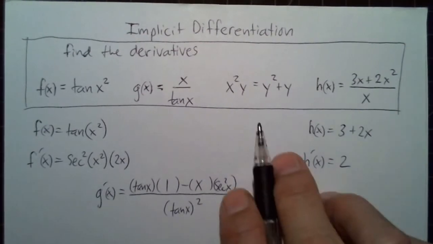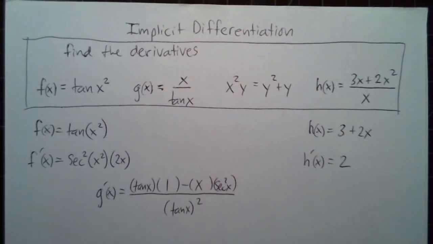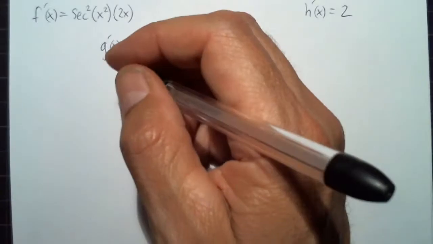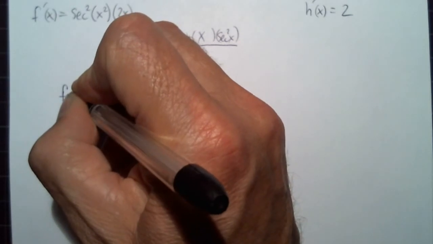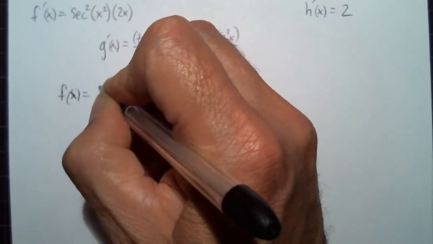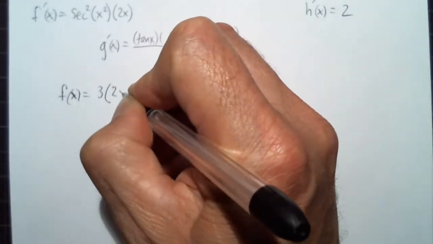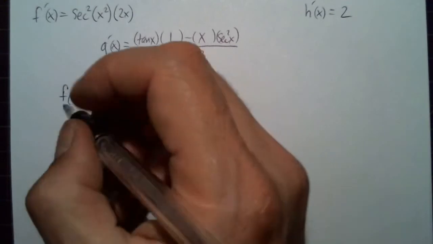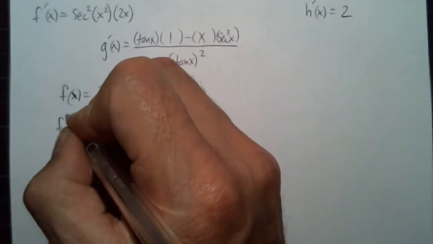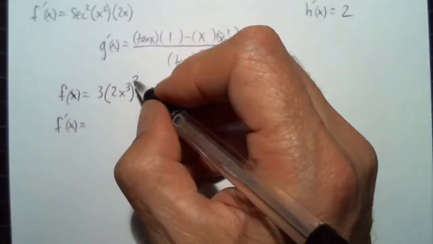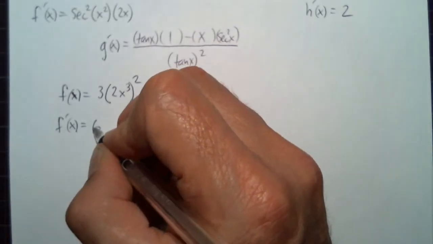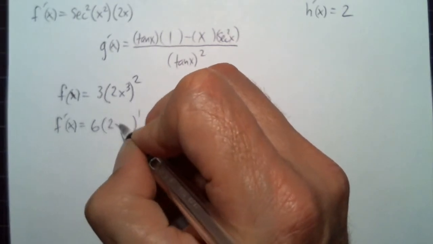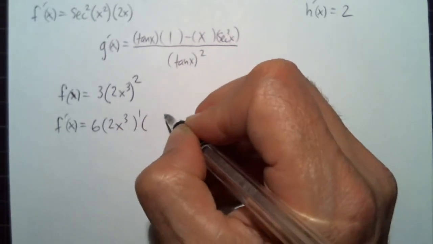All right, let's look at how we find the derivative of that. Let's start with an example, and we will review the chain rule. So if we wanted to find the derivative, we would do the derivative of the outside, 2 times the inside to the 2 minus 1, leaving the inside the same, times the derivative of the inside.